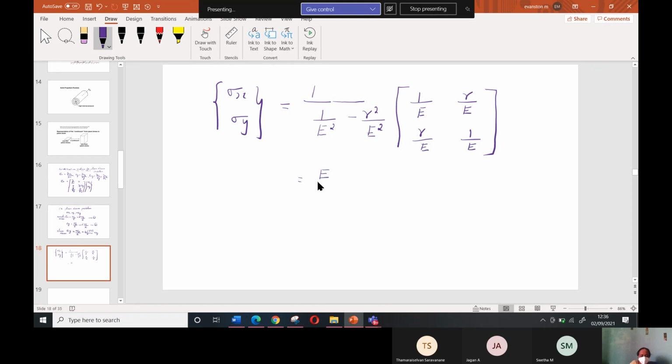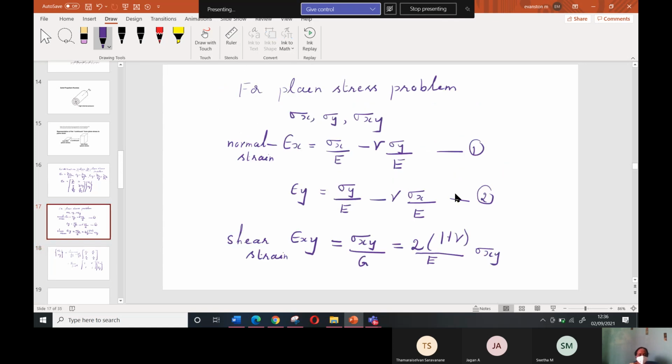So I can take it as E by... so from this I have found out the value from equations 1 and 2. This is equation number 3.